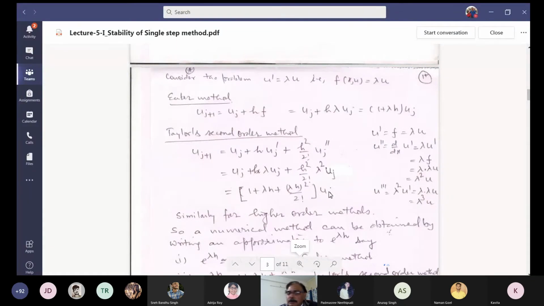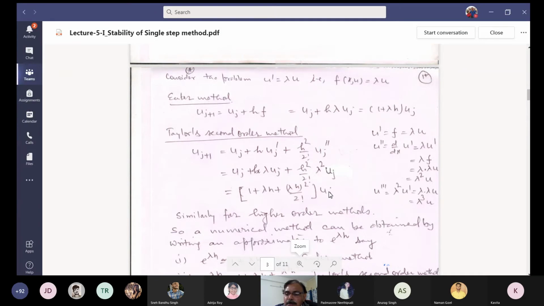And for the exact solution, what you have got was u(t j plus 1) equal to e to power lambda h u(t j), right? This was for the analytical solution, which is the exact one.